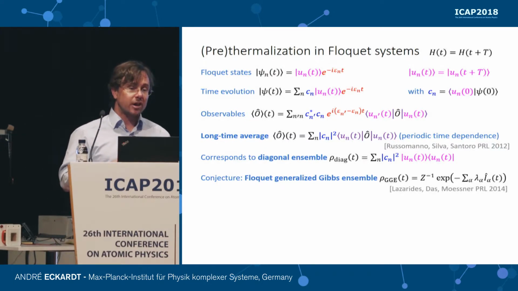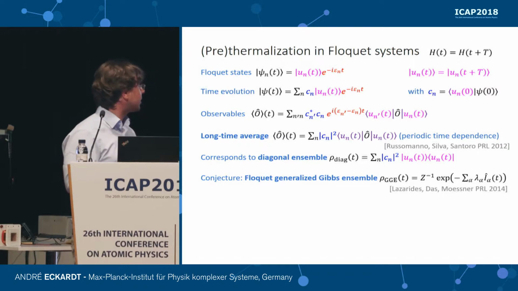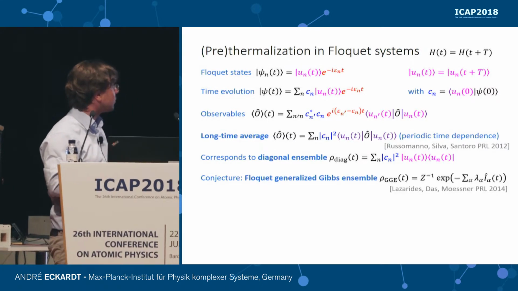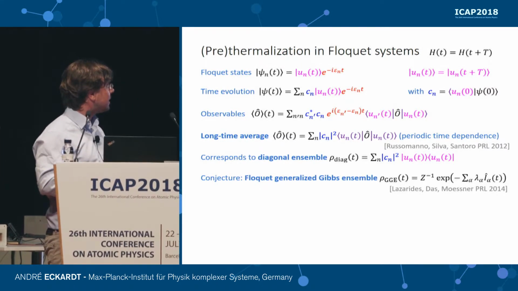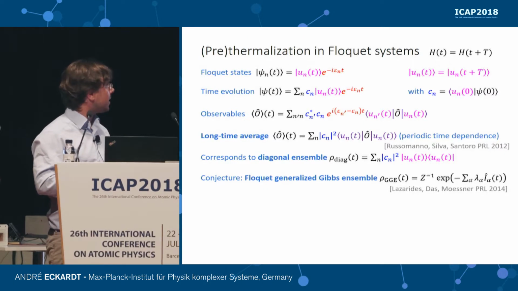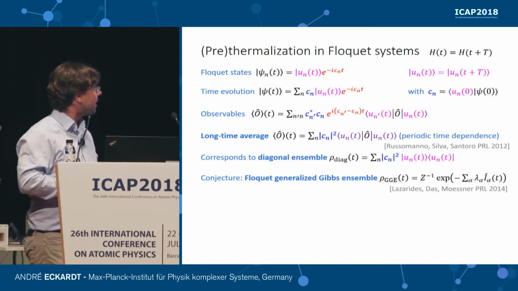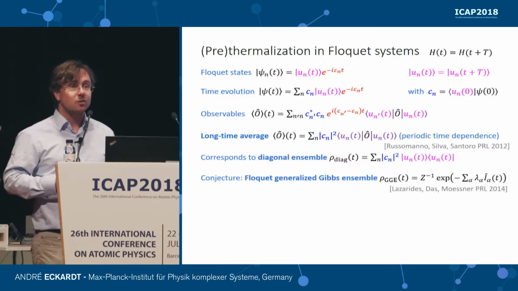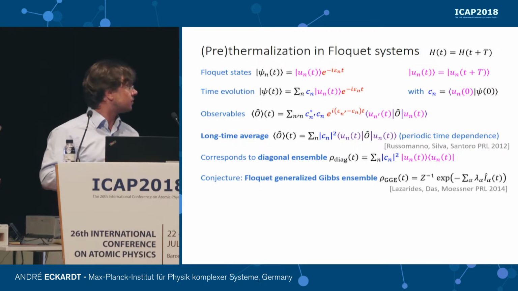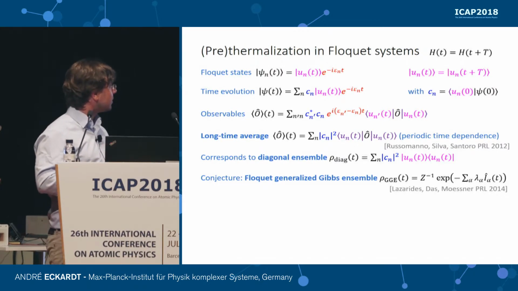There is a conjecture that this diagonal ensemble can be described by a Floquet generalized Gibbs ensemble, where the state is described completely by the integrals of motion in your system, the conserved quantities. This has been tested numerically, and this is believed to be the generic situation if you have integrals of motion.